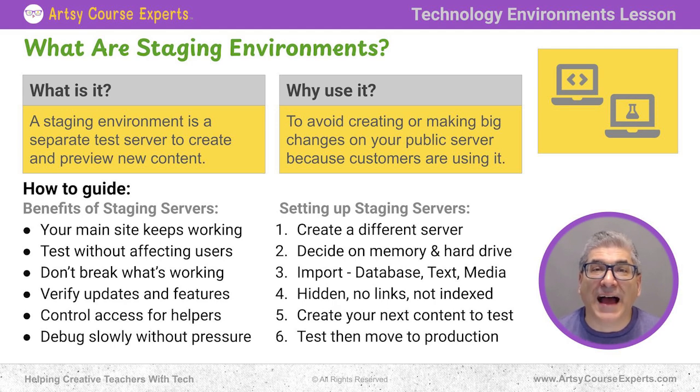You can control access to your staging server. First of all, not only by keeping the address and the URL and the IP address and all that stuff hidden, and you only give it to whoever needs it, but for each of your different helpers, maybe you have a designer, or maybe you have a tech helper or a marketing person, they can just log in and you give them rights to tweak whatever they need.